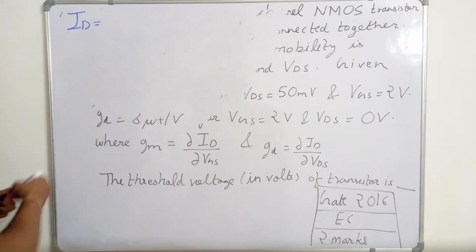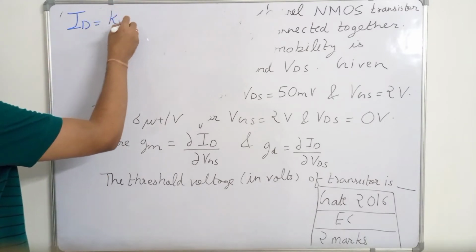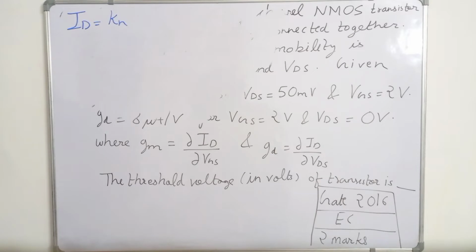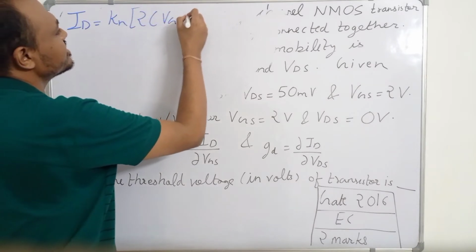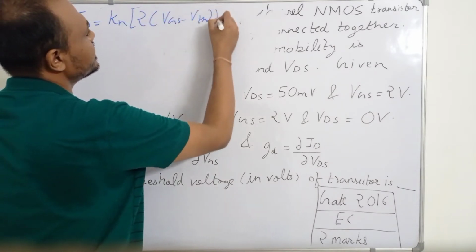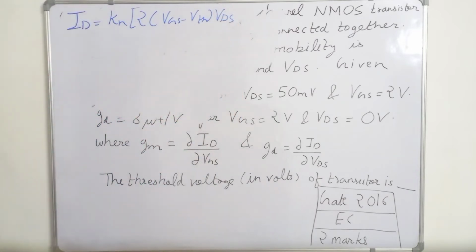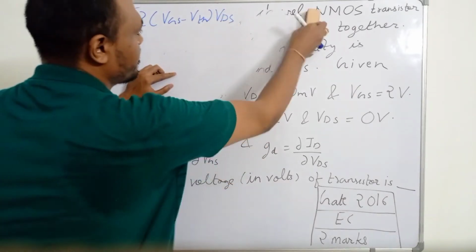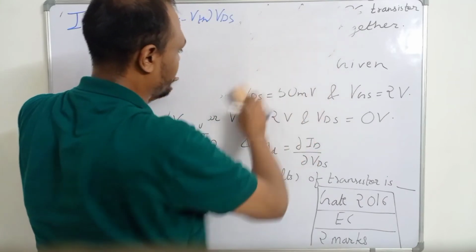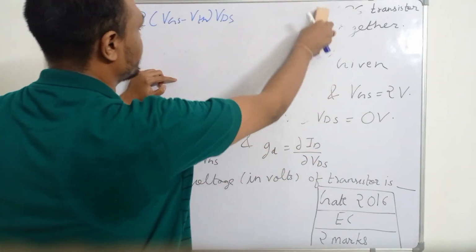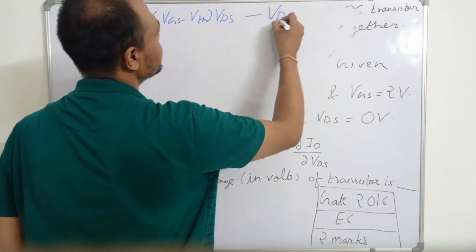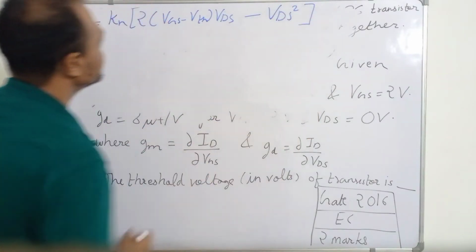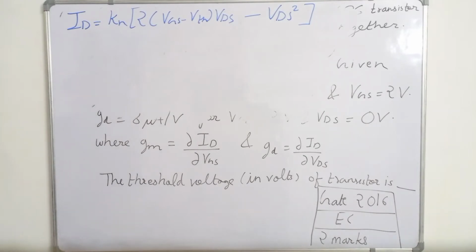So ID equal to Kn times twice of VGS minus VTH into VDS, minus VDS square. This is the equation for current in the linear region.